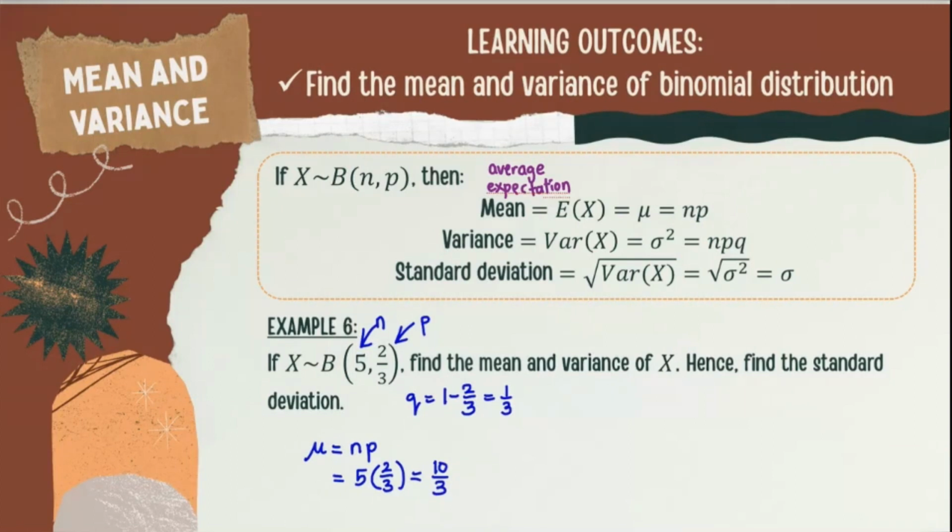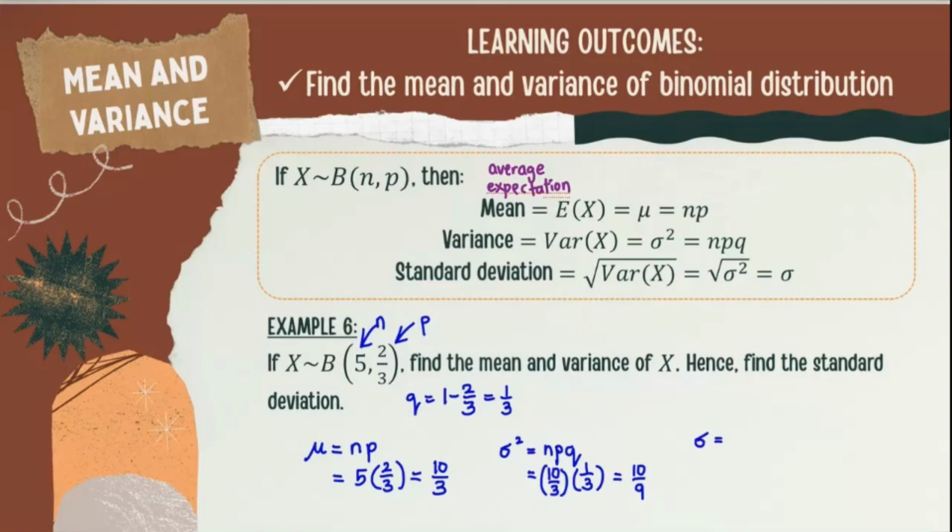Okay, next is variance sigma squared. So ini adalah NPQ. So NP tadi adalah 10/3. So saya darabkan terus dengan 1/3. So dapatlah jawapan 10/9. So this is our variance. Dan last kali standard deviation which is sigma.